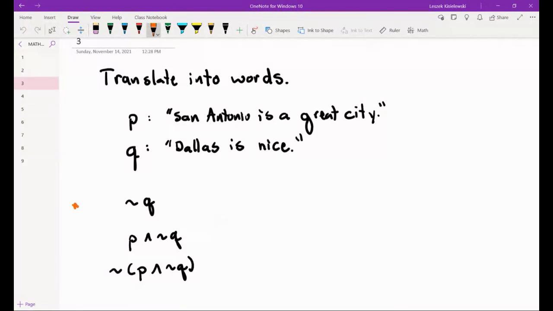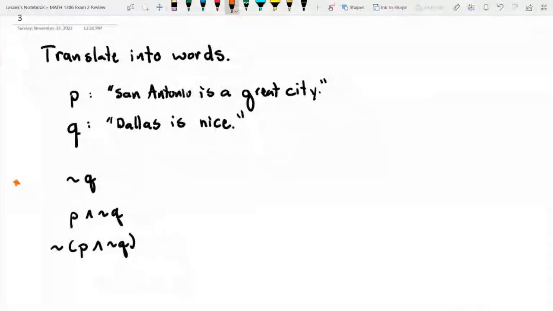So it's just saying Dallas is not nice. And then P and not Q.